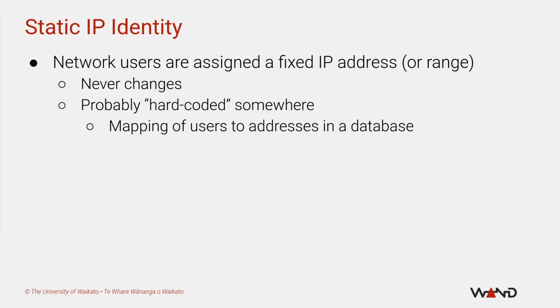I'm sure you are all familiar with static IP addressing. In this scenario, network users are assigned a fixed IP address or range of addresses, and that address will never change. The address may be configured explicitly on the customer's edge device, or the network's address assignment mechanism may be told to always assign a particular address to that customer. From an interception perspective, how the address is assigned is not particularly important.